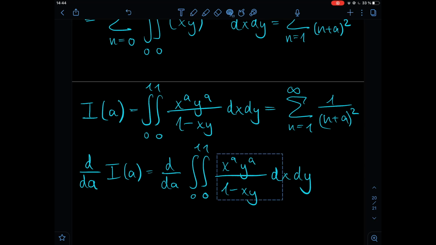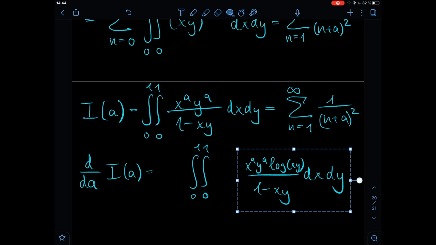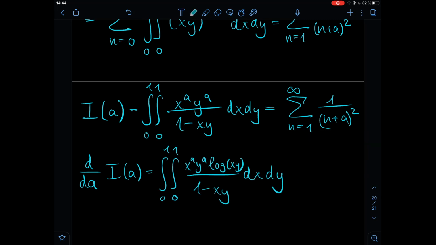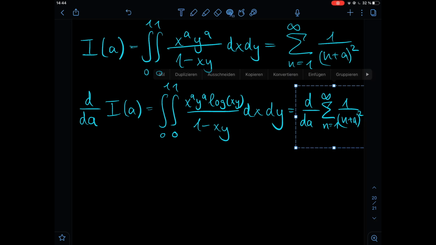When we pull the differential into the integral, and then we take the derivative with respect to a, then we will get x to the power of a, y to the power of a times log of xy, and the denominator stays. So this is what we will get if we take the derivative of the whole integral, and the whole thing is equal to the derivative with respect to a of that infinite sum of 1 over (n+a) squared. So all we have to do now is take the derivative of this thing here.